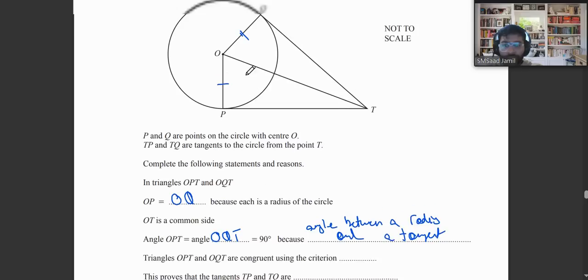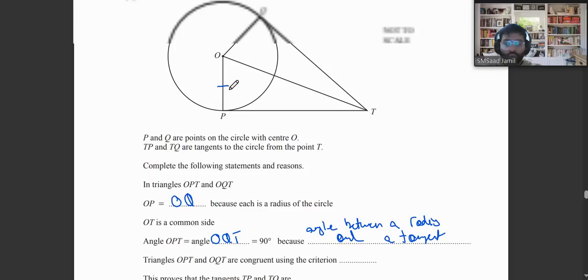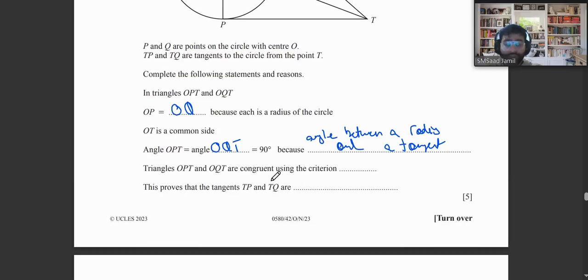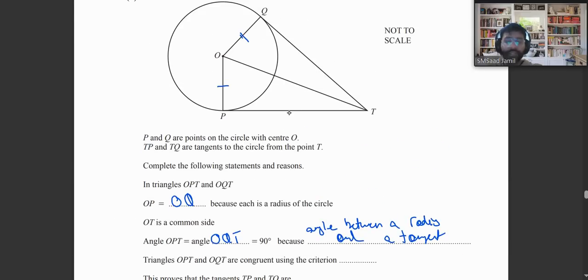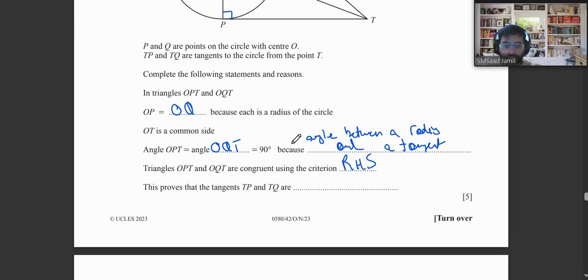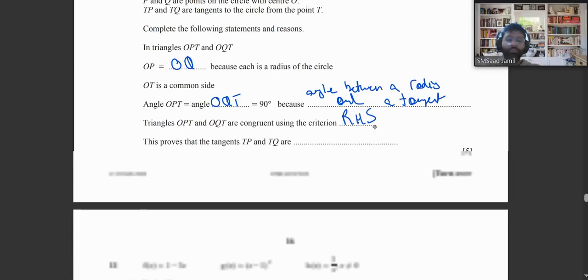Triangles OPT and OQT are congruent using, look, both are right angle triangles, so you will say right angle, hypotenuse, side, RHS. And last it says this proves that the tangents TP and TQ, both these tangents are also equal.